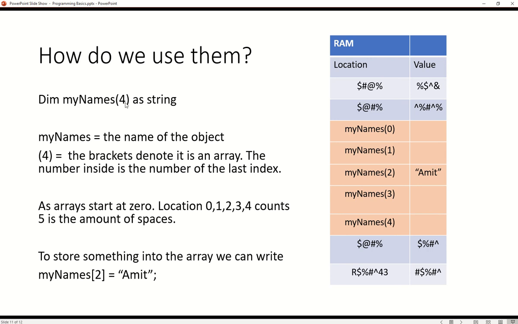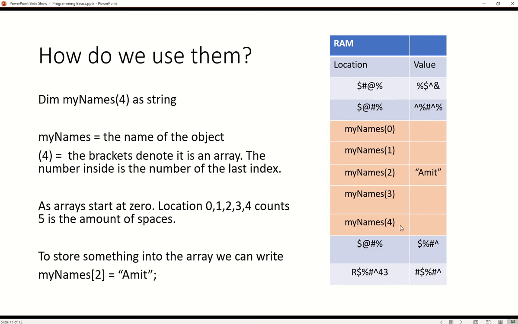Now that 4 is really important because it denotes the last index. It doesn't mean there's 4 things in there. It means that that's the last index. Because arrays in Visual Basic start at 0, if you put 4, it basically means 5 locations because you're counting 0, 1, 2, 3, 4. That's 1, 2, 3, 4, 5 locations.